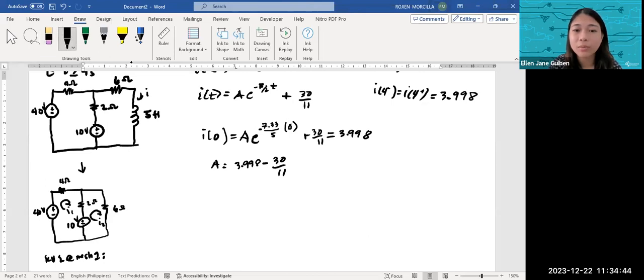So A will be 3.998 minus 30 over 11, which is 1.2707. Okay, so that is our I of t.